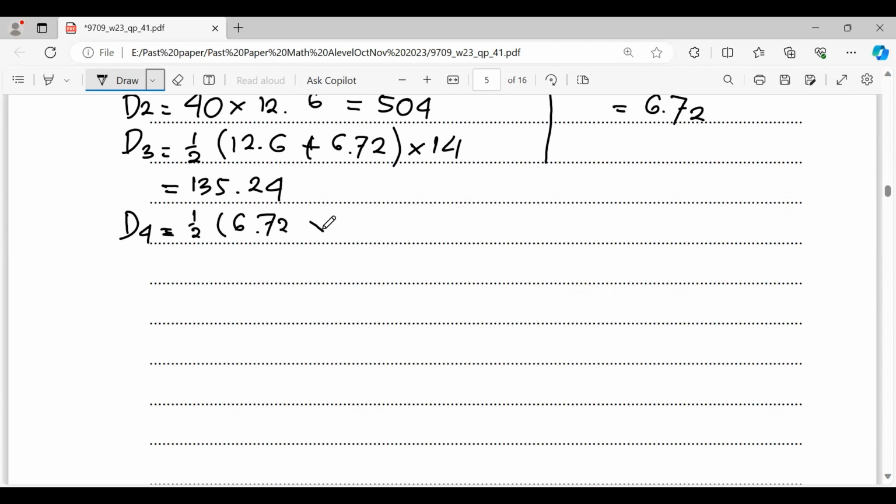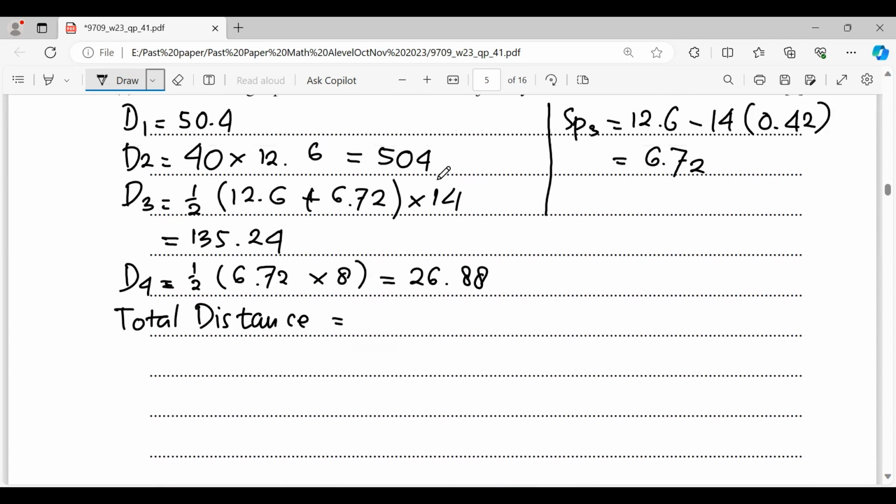6.72 times 8 is 26.88. So total distance: 50.4 plus 504 plus 135.24 plus 26.88.